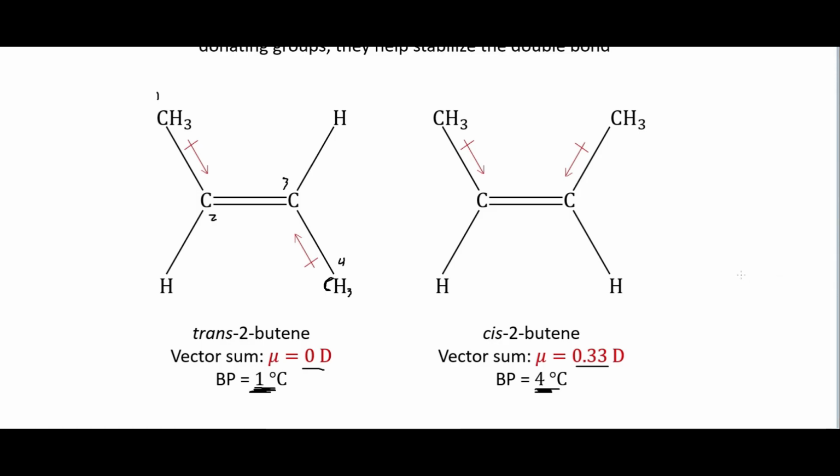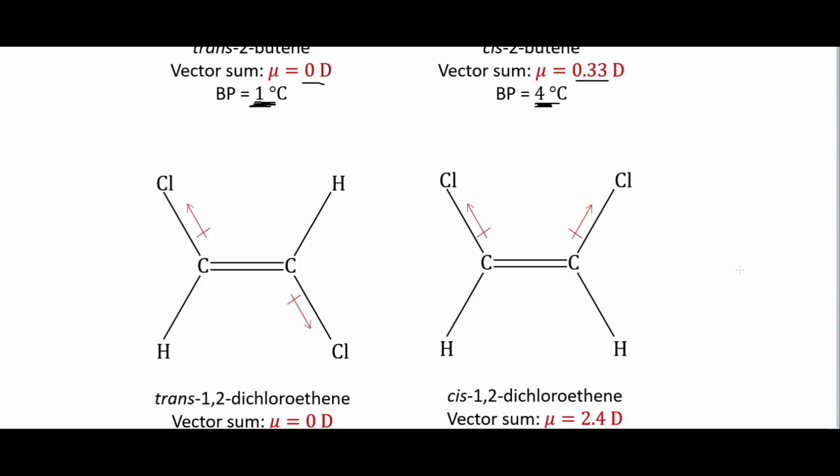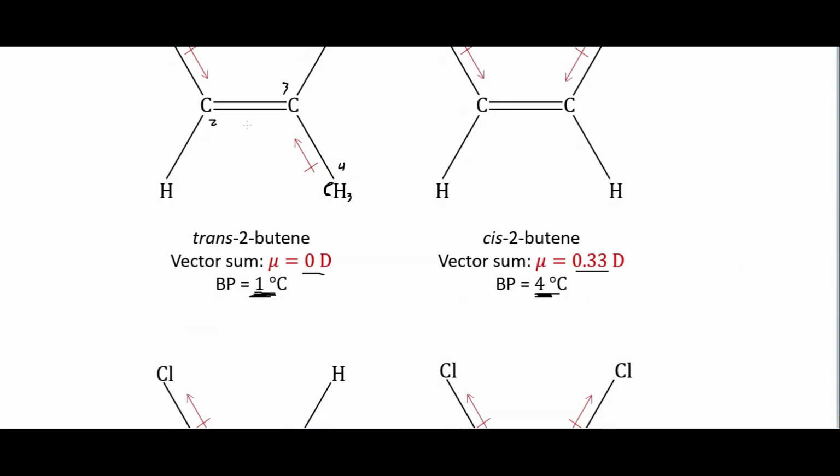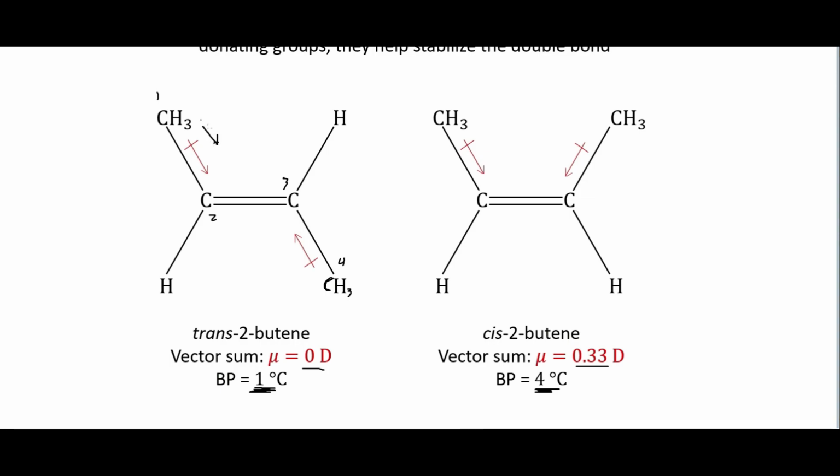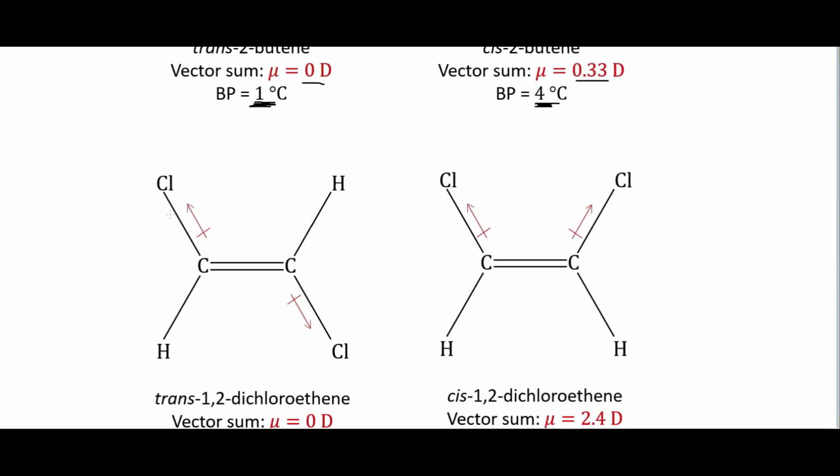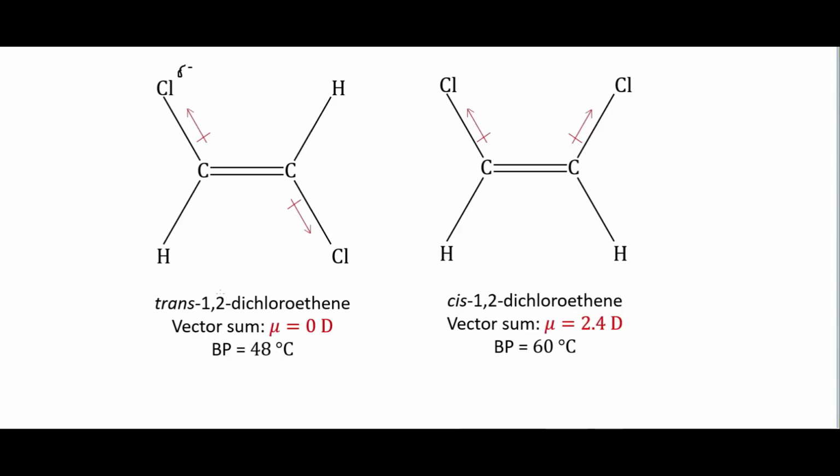But this is even more pronounced when we put some chlorines on here. And so the dipole is in this direction, so there's going to be a partial positive on these right here, where now we are going to have a partial negative on these. The dipole is going in the opposite direction. And so with the trans, this one is going to cancel out with this one. When we do the vector sum, we get 0 on the dipole moment here, and on the cis, we get a 2.4, which is quite large.